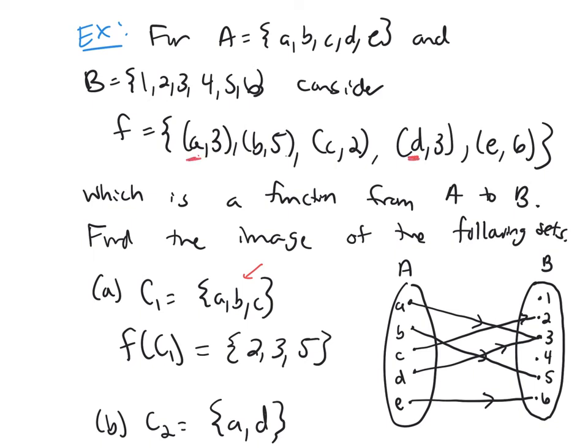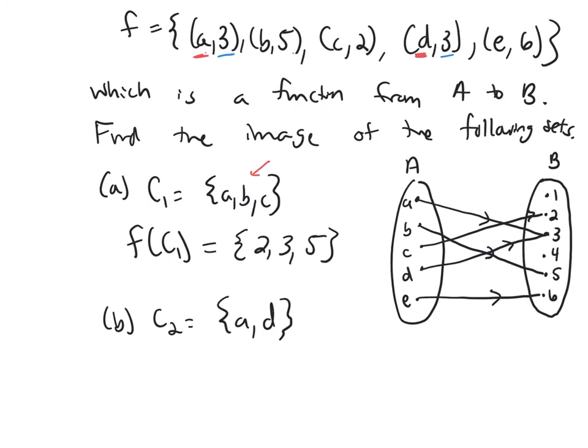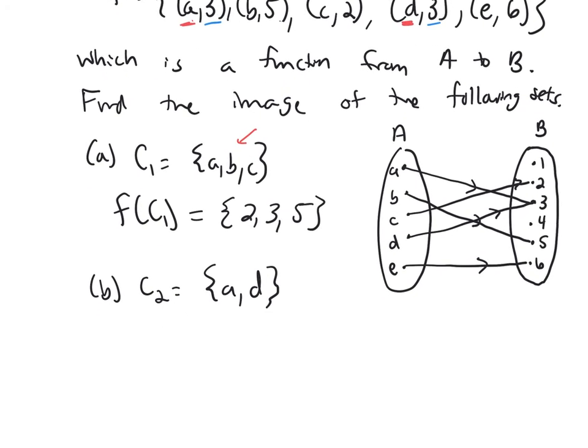There's two of them. And what are their second coordinates? Well, they're both 3. You don't have to write 3 twice. So f of C2 would just be 3. Or you can look at the visual picture of your function. You're looking at the element a and the element d. Where do those arrows go? They both go into the element 3.